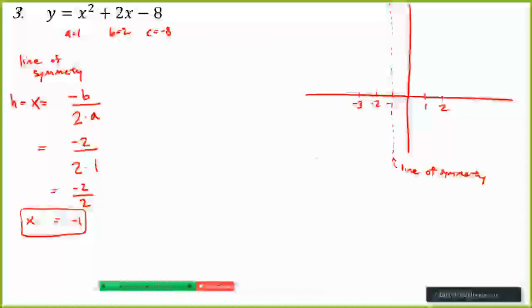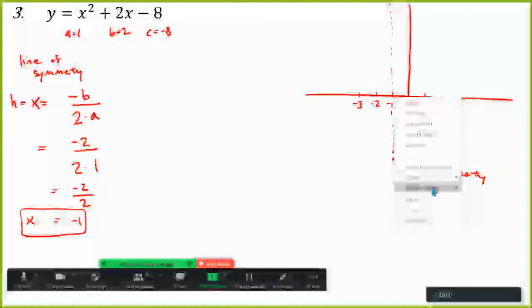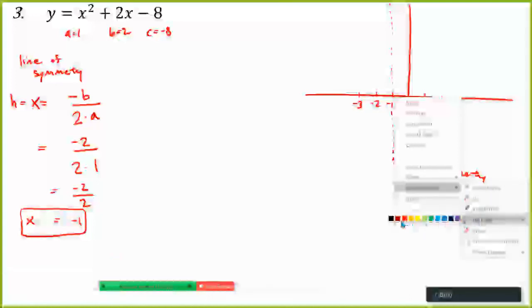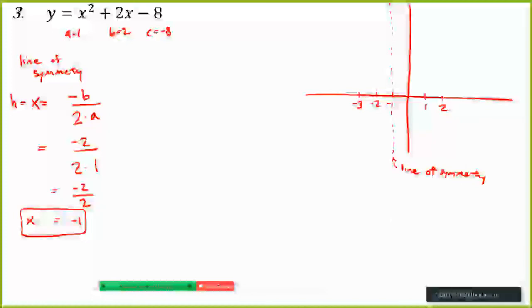To find k, to find how high or low the vertex actually lives on that line, we have to plug in negative 1 to the formula. So I'll label what I'm doing here. We are plugging in x is negative 1 to find the height of the vertex.